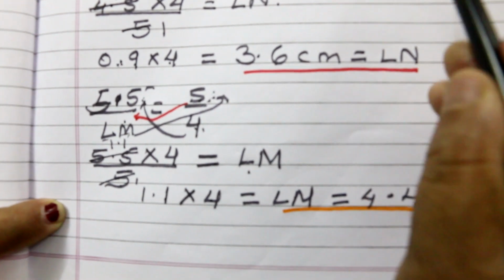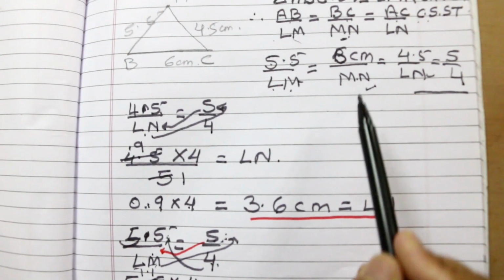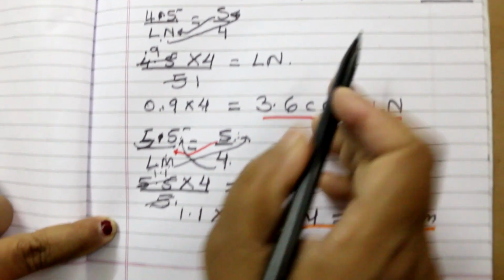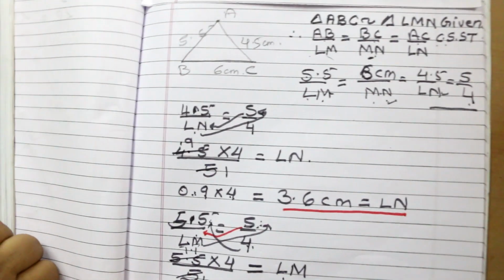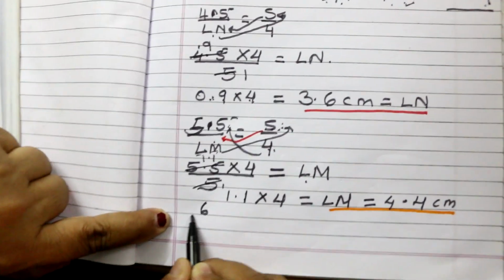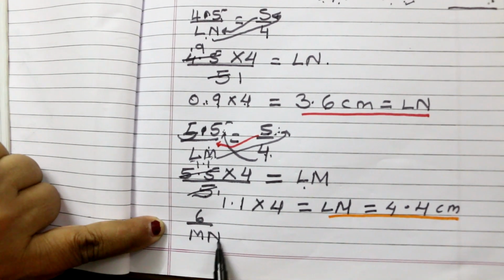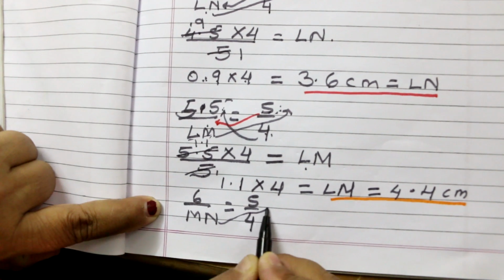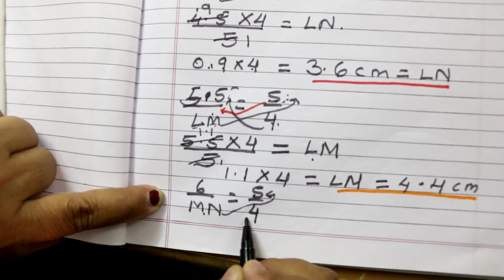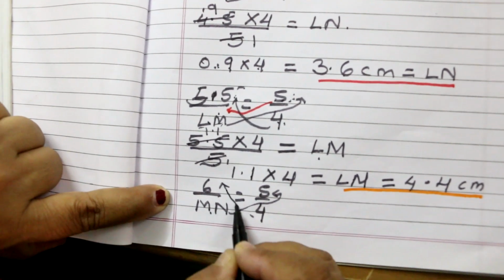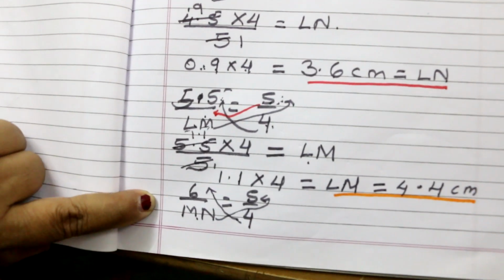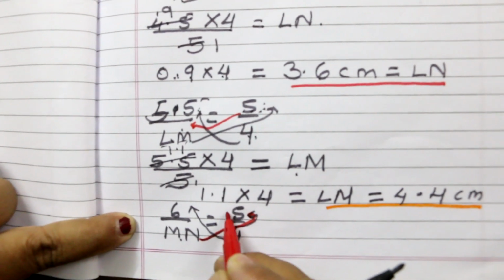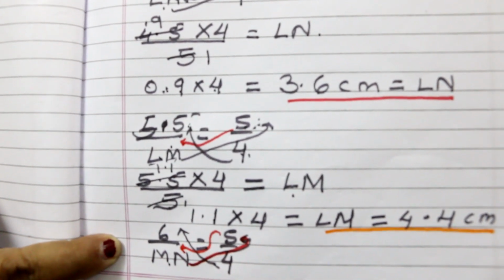Similarly, I can get MN. Now I'll take this ratio, MN and 5/4. So I have got 6/MN is equal to 5/4. You know children, MN will shift here, 5 will come down, 4 is going to go here. Like this. You can see MN is going to go to the place of 5 and 5 is going to come down.